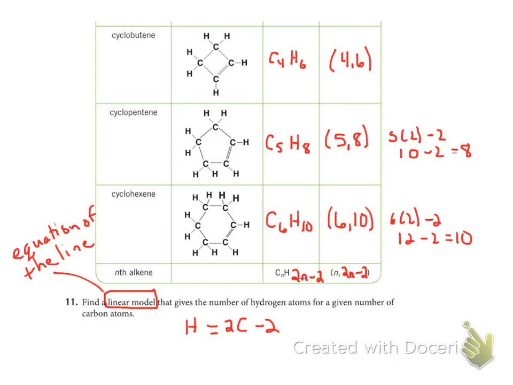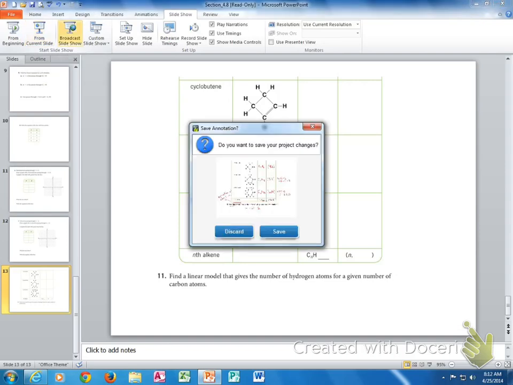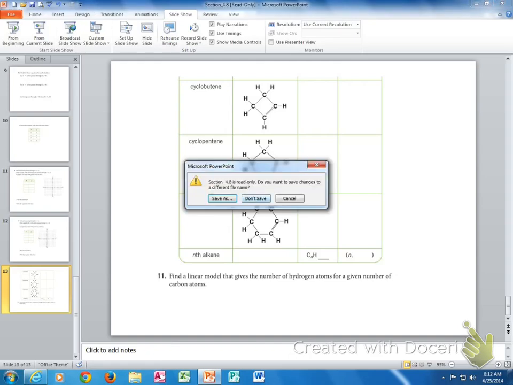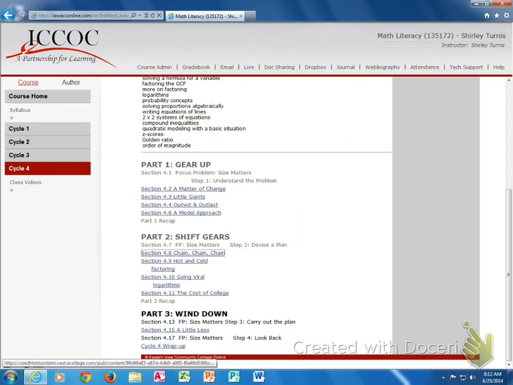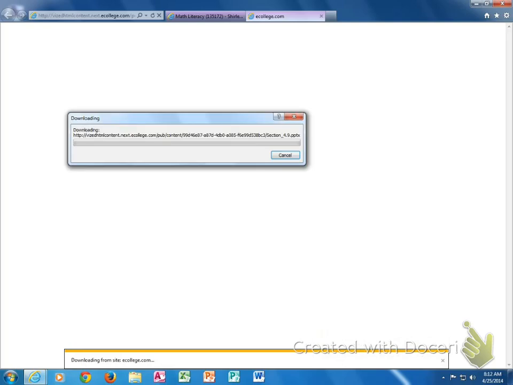Section 9, hot and cold. We're on page 456, section 9.